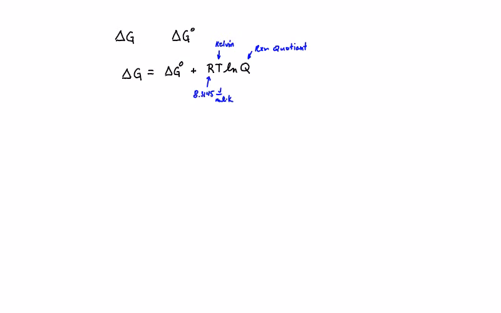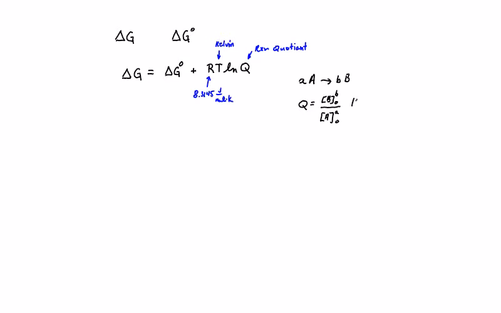So, for example, if we had a reaction that was some compound A being converted to some compound B, the reaction quotient would be equal to the concentration of B raised to the power of its coefficient under non-equilibrium conditions, divided by the concentration of A raised to the power of its coefficient under non-equilibrium conditions.